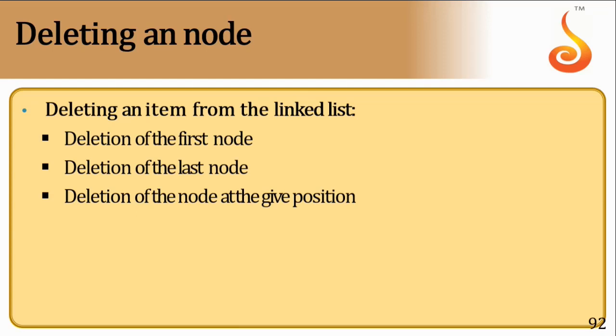I may have declared for 100 elements, but I may be having only 10 elements, so I will not be using the other 90, and I cannot make use of it for anything else either. It becomes locked and it's a waste of memory because the allocation happens during compile time for an array. Whereas for a list, as and when I want to add an element, I dynamically allocate memory and then I go on adding it to the list.